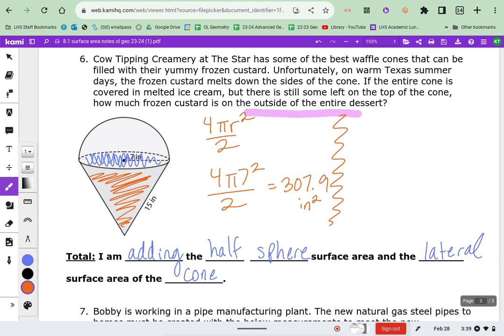Okay, plus the lateral surface area of the cone. So find that on your formula chart. What's that formula? Surface area equals pi times radius times slant height, yep. So for our lateral surface of the cone, it's equal to pi times the radius times the slant height.